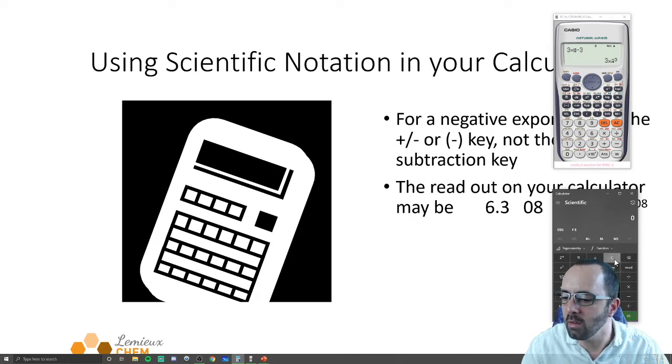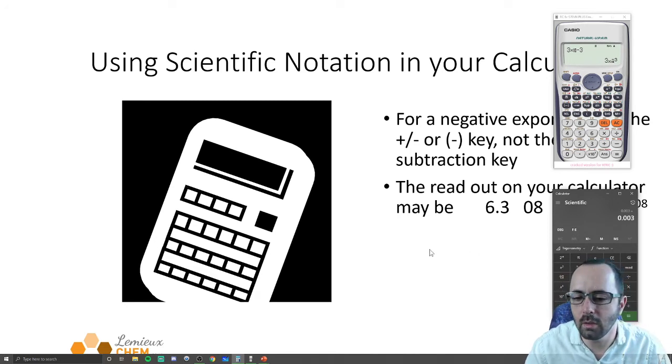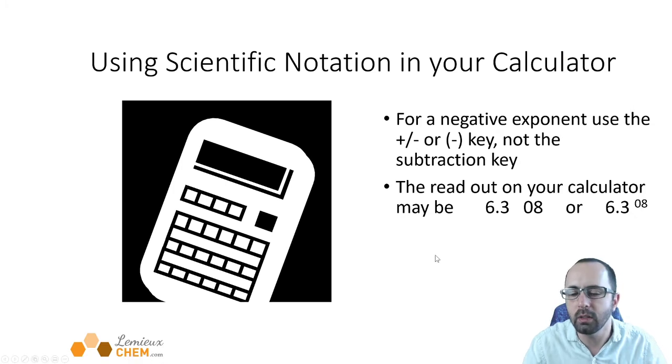This is giving me the wrong thing. 3 EE. So there we go. It kept wanting to divide by something. All right, and so that's how you input scientific notation into your calculator. And you'll definitely want to be doing that when you're doing the homework. A lot of the homework is going to be practicing inputting scientific notation into your calculator this week.